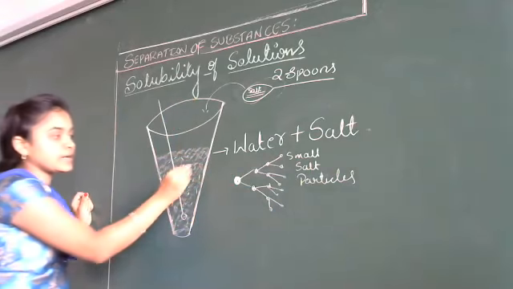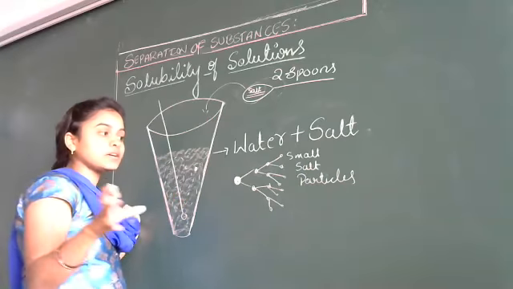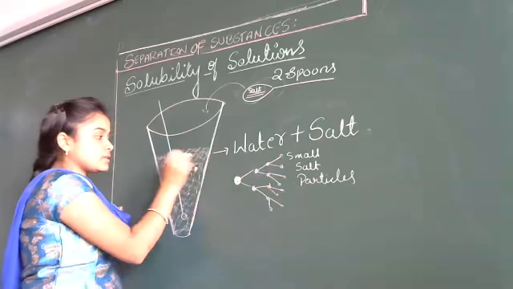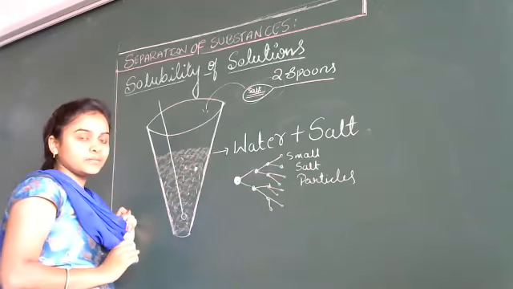Suppose this is one salt particle. When we add it in this water, again it will break to become very small. And all these salt particles are evenly distributed in this water.